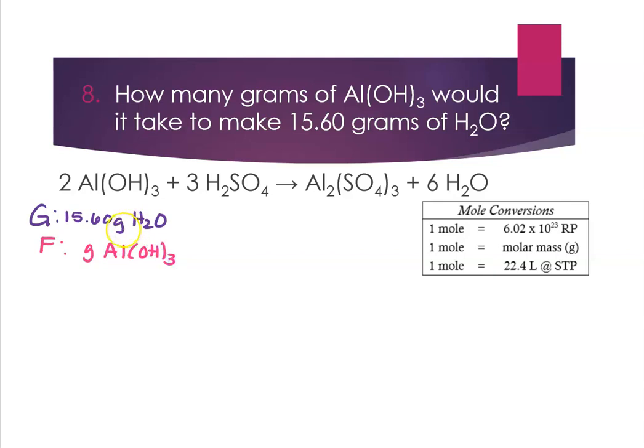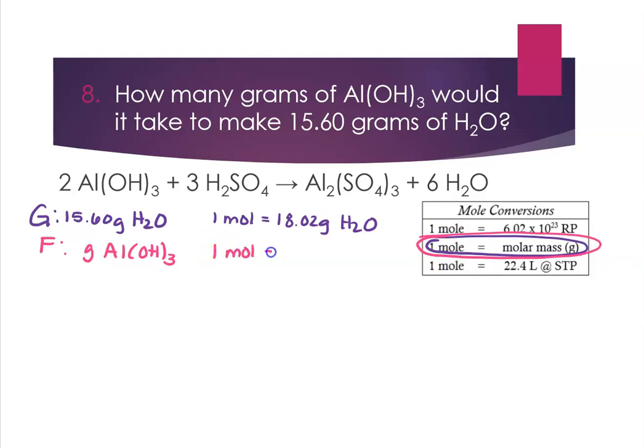All right, so I need to get from grams of H2O, so I need my molar mass conversion. 1 mole is equal to 18.02 grams of H2O. And then to get from moles of Al(OH)3 to grams, I again am going to need my gram conversion. So this time I need the molar mass of Al(OH)3, which is going to be 78.01 grams of Al(OH)3.